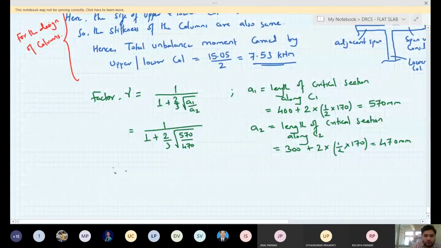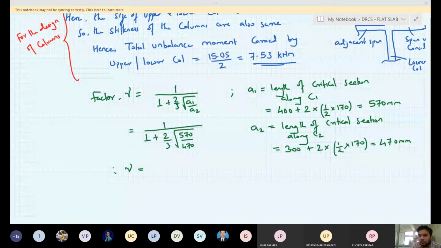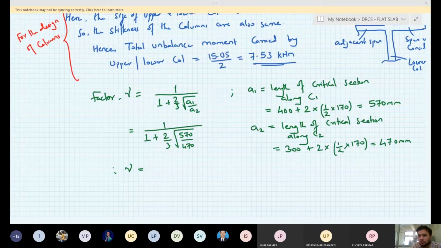How much is this factor? Gamma is equal to, anyone? 0.96.